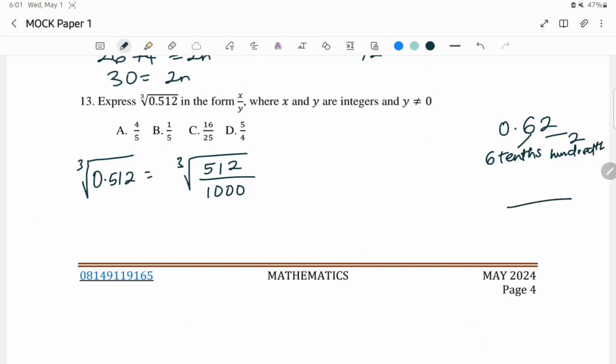That means we have over 100 because the place value of 2 is 100. So what is going to be over 100? That's 62 over 100, or 0.62. So for any decimal number, just identify the place value of the last digit. That is going to be the power of 10 that would be the denominator.